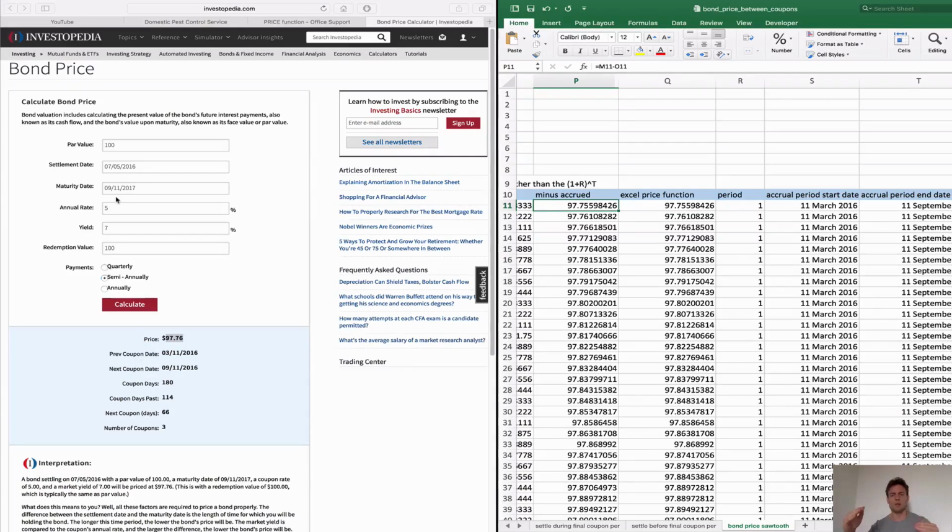So the point is, as each day goes by and gets closer and closer to the next coupon date, the value, and therefore the cost of that first coupon payment, is getting bigger every day.